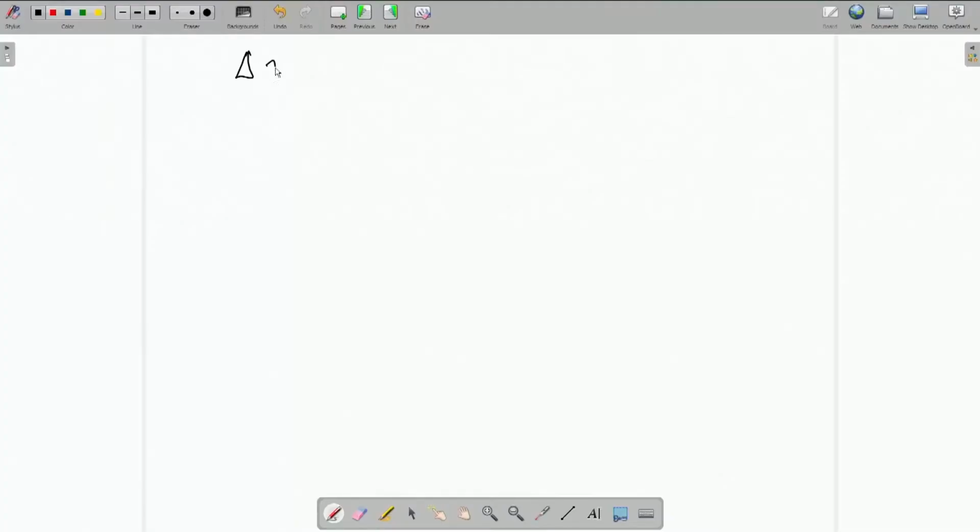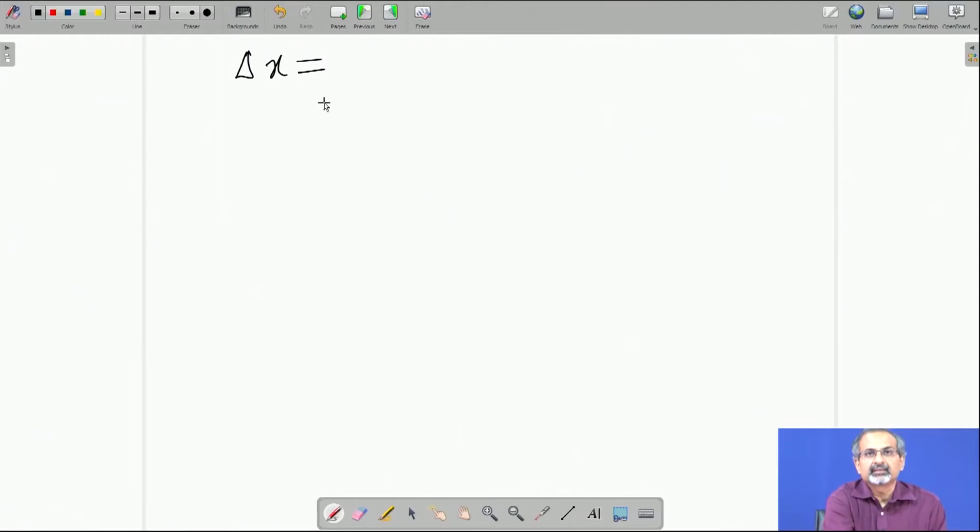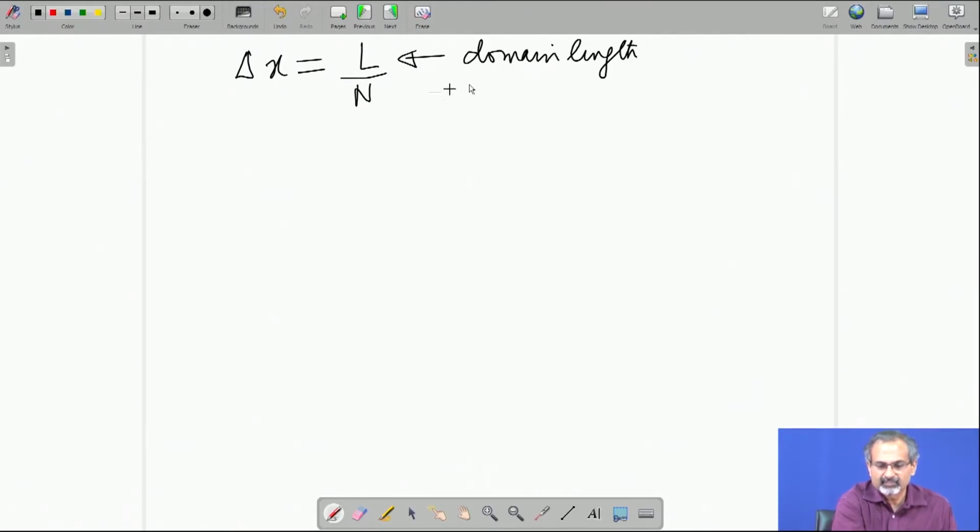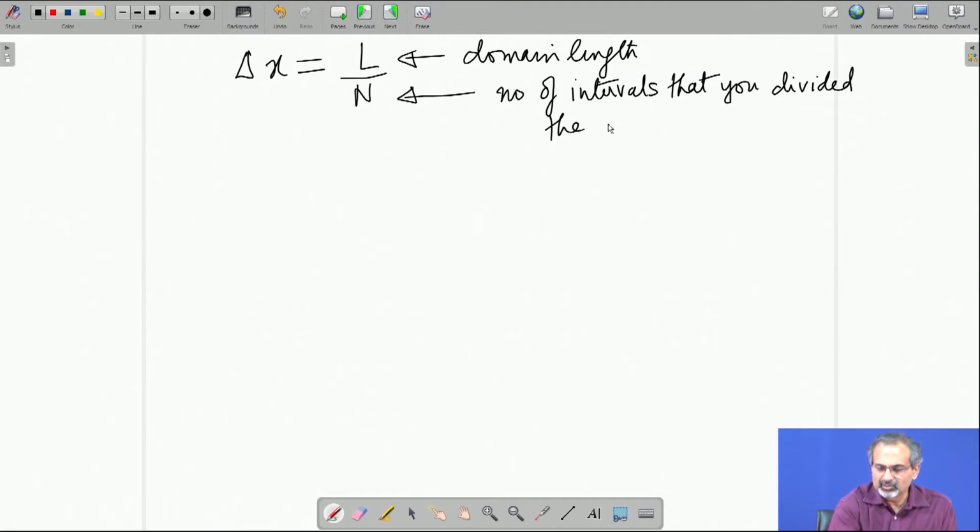So, just to go back to how we defined these parameters delta x and k. So, delta x was defined as L by n. L is the domain length, n is the number of intervals that you divided the domain into.